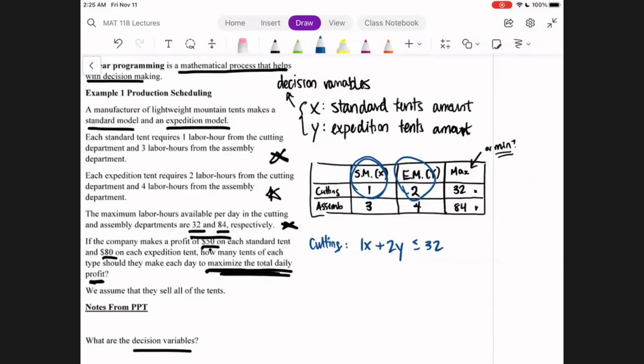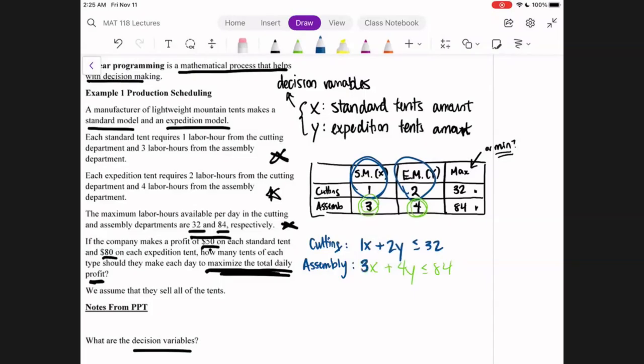Okay. Now for the assembly, very similar, but I have to use the 3 here for the standard model. So that would be 3x plus, and then the expedition is 4 hours per every, so 4y. And then the most is 84. Okay, so I'm going to write that in blue in case it's a little hard to see.